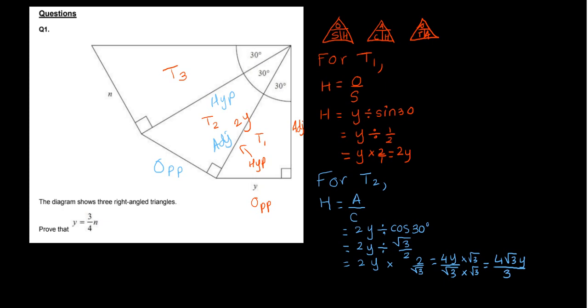Okay, so I don't know how this will look, the green, 4 root 3y over 3, let's see. No, it's alright. 4 root 3 y over 3. Now in terms of T3, this is your adjacent side, 4 root 3 y over 3. n is your opposite side, and that's your hypotenuse.